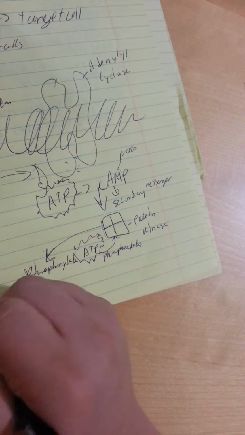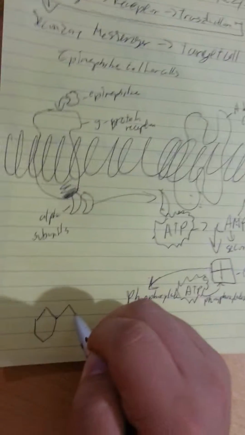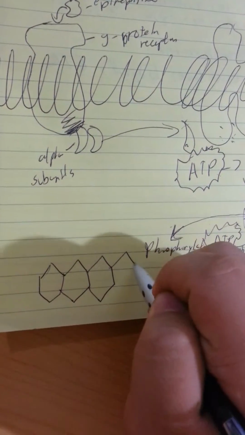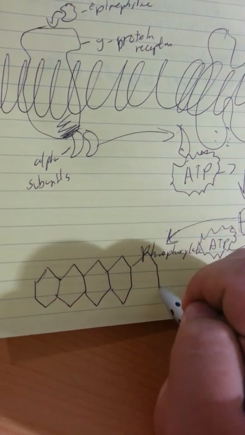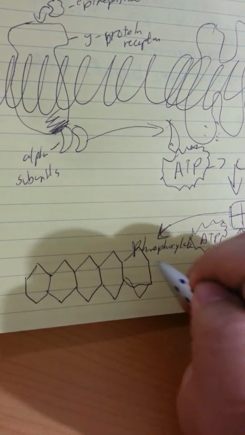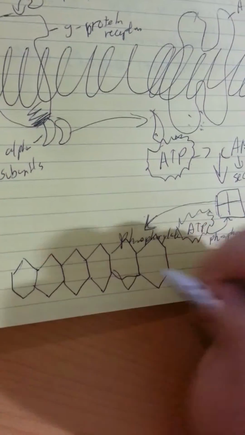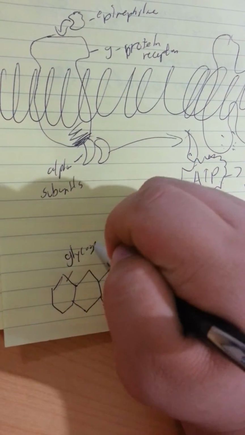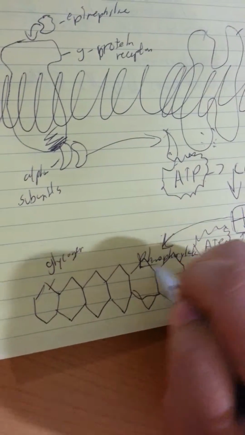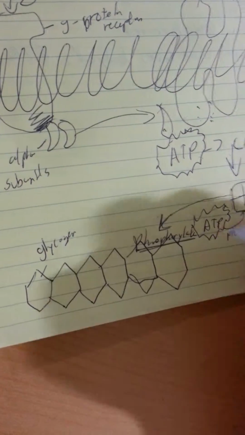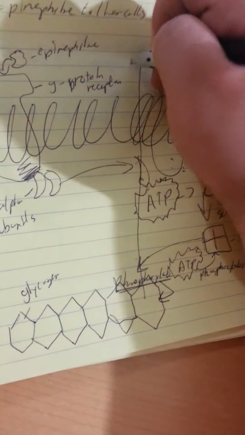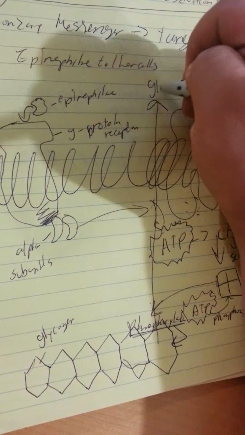So let's just draw some glycogen. The phosphorylase breaks down the glycogen and causes it to go out of the membrane as glucose.